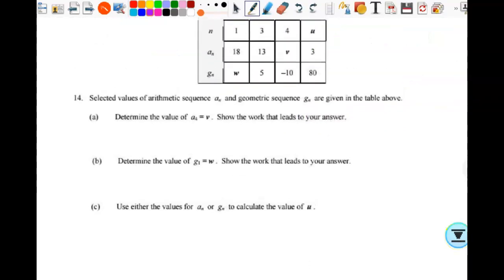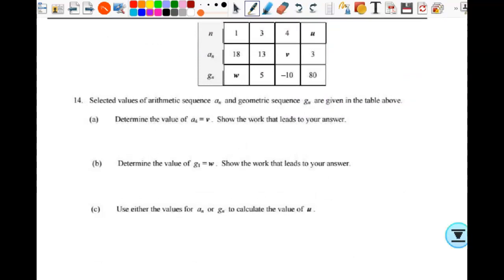Okay, on to here. Selected values of the arithmetic sequence a sub n and geometric sequence g sub n are given in the table above. Determine the value of a sub 4 equals v. Okay, so I'm looking for this, which means I need either to find, I'm going to go ahead and just find the equation.